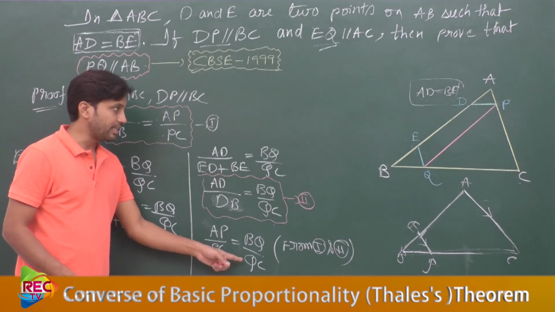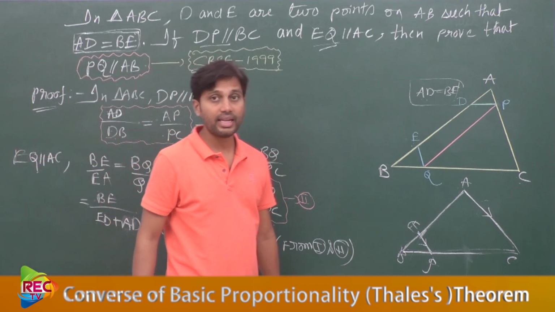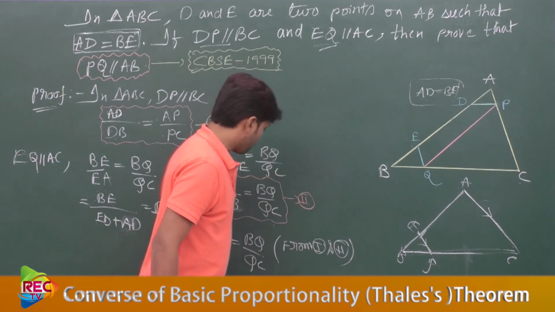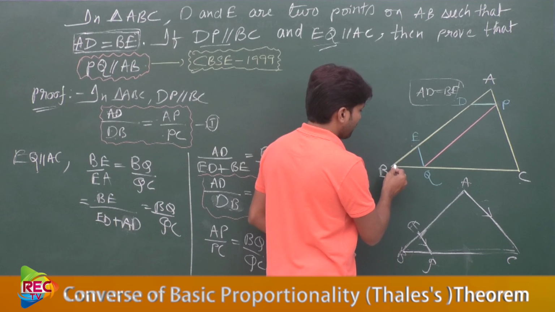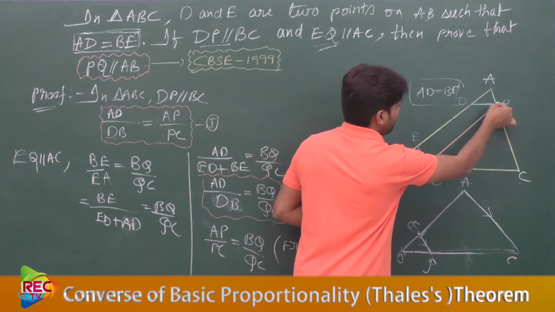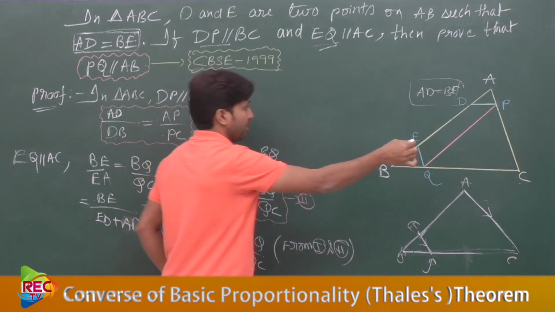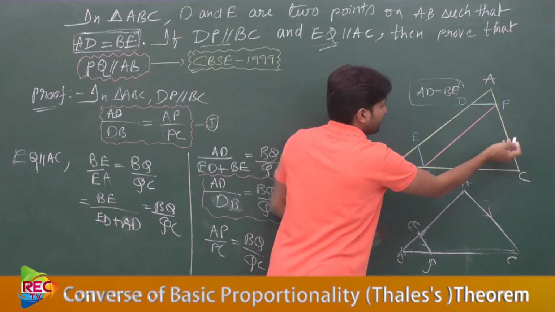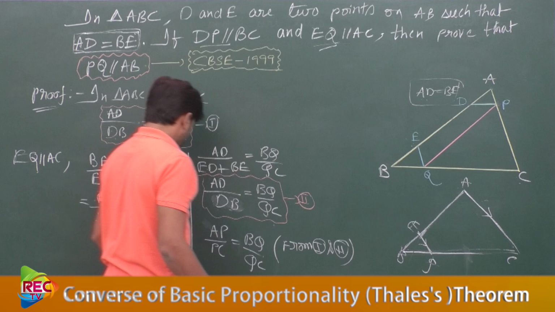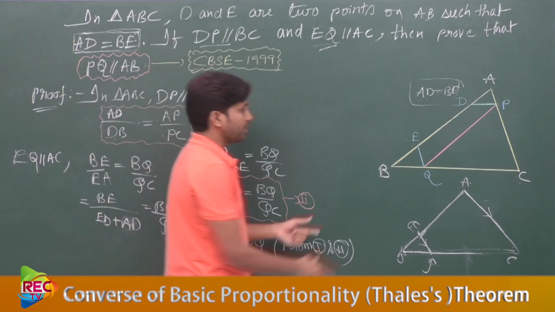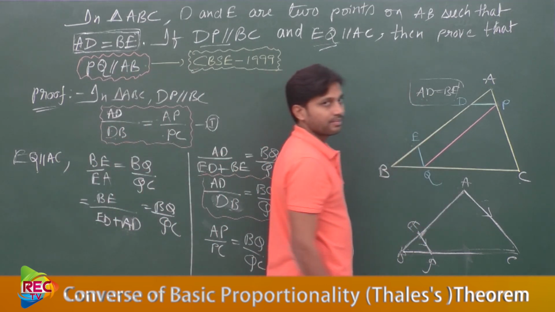Now observe this condition in the given triangle again. So what did we obtain? AP by PC, see this here, AP by PC means this by this is equal to BQ by QC.